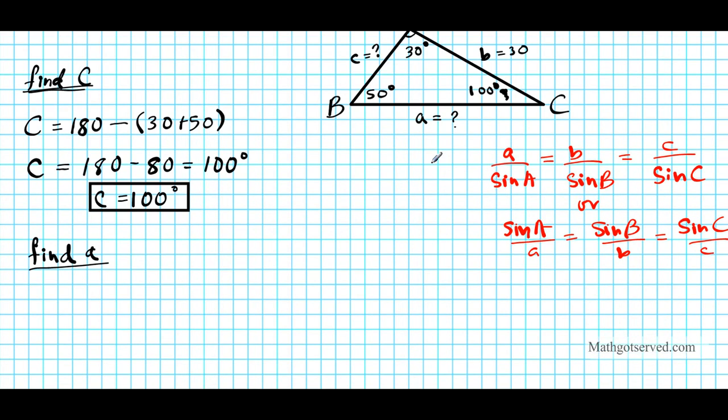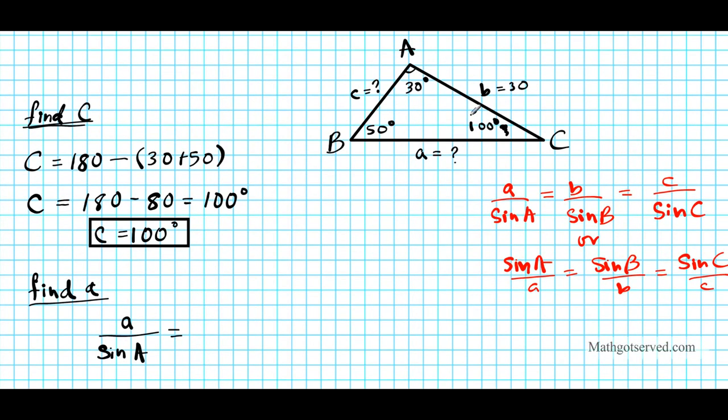If we want to find a, I'm going to start my formula by writing what I'm looking for, which is a over sine of the angle opposite a, which is A. This is the ratio, the pair where I'm missing a measure, namely a. For the next pair I pick, I must know both the side and the angle.